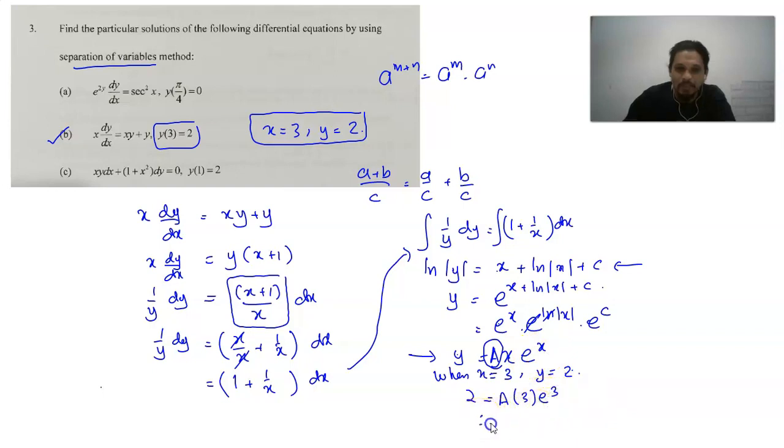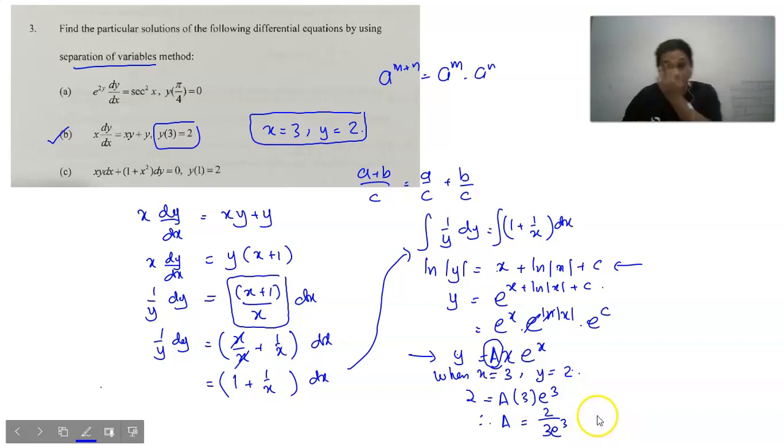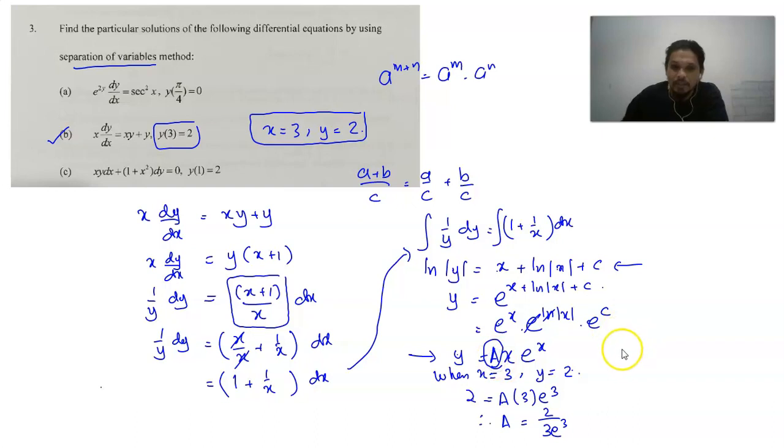So a equals 2 divided by 3e to the power of 3. Then we substitute this value of a into the equation. So y equals 2 divided by 3e cubed, multiplied by x and e to the power of x.